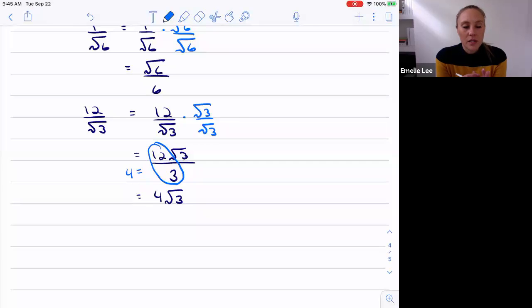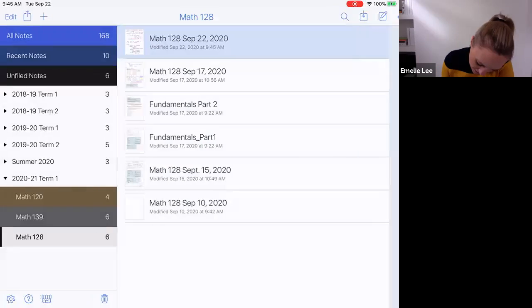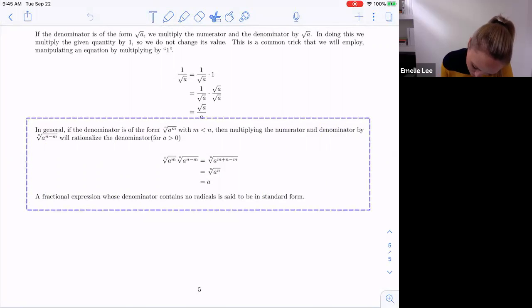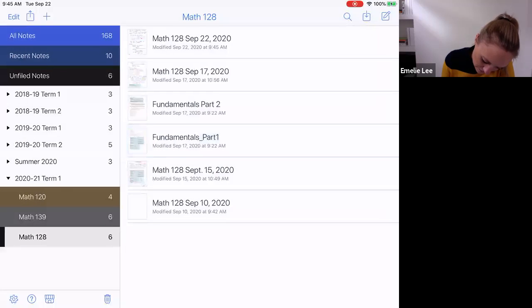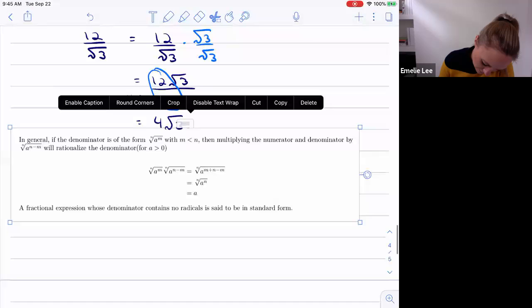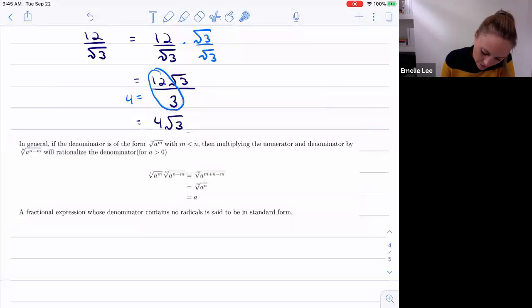We don't have to limit ourselves to square roots. In fact, usually we won't just have square roots to deal with, but the same kind of logic applies, right? And so if we go back and steal this little blurb, now we're saying, okay, in general, if the denominator is the nth root of a to the power of m, just allowing for not just a's in there, but a to the power of m.